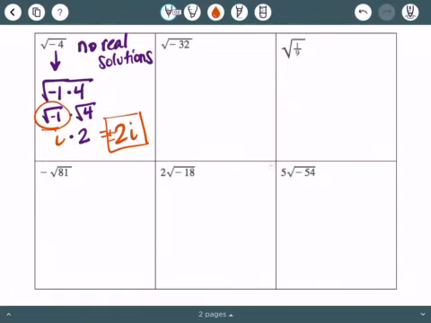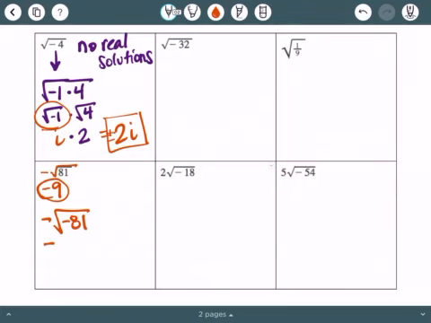When we look at the second one here, it says negative square root of 81. So this one's sort of a trick question. You have the negative outside, and then you have the square root of 81. Square root of 81 we know is 9, so we have just negative 9. This is different from when we had the square root of negative 81. So the negative would stay outside.